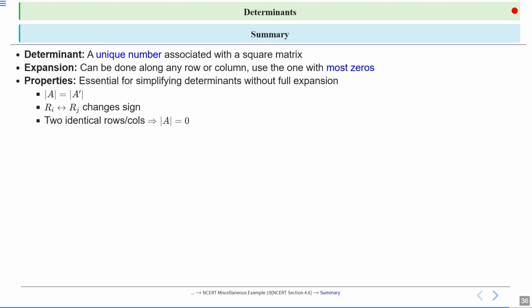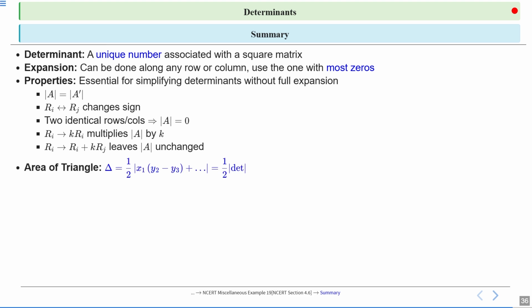If there are two identical rows in a matrix, then determinant of A is 0. Now if we multiply the first row by a constant K, then the determinant is just multiplied by K. And if we change the row Ri with Ri plus K Rj, then determinant of A is unchanged.